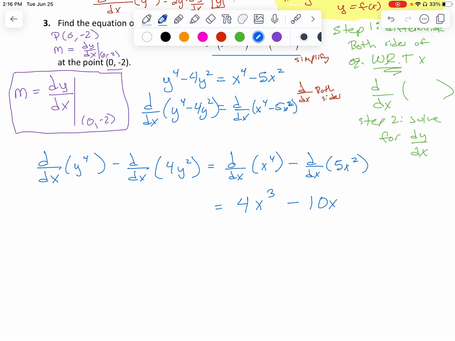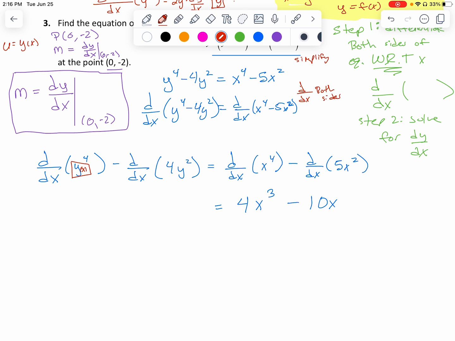On the left-hand side, the first derivative I have is y to the 4th with respect to x. With respect to x means that y is some inside function that I can kind of box off, and then my outside function is my variable to the fourth power. So my y is kind of like the u when we talked about the chain rule.